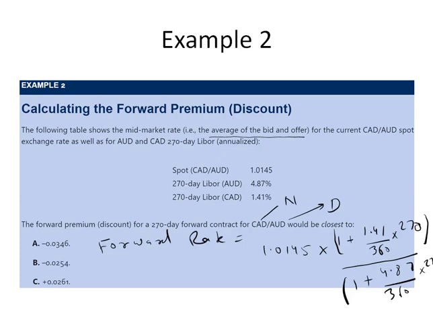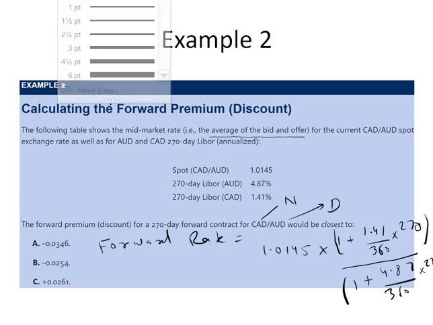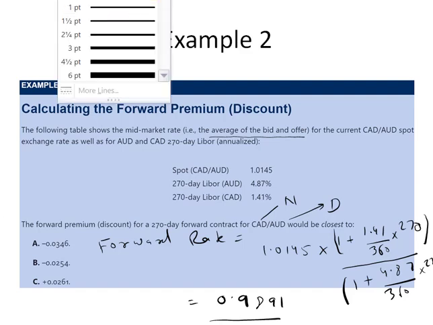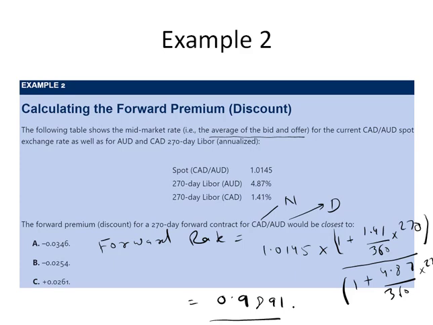So if I do the math here, my answer will be 0.9891. So this is going to be my forward rate, and my premium will be 0.9891 minus my spot rate, which is 1.0145.